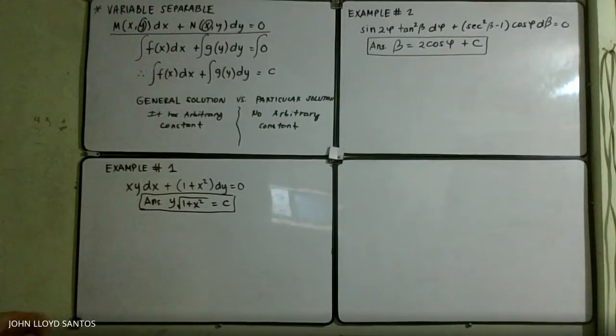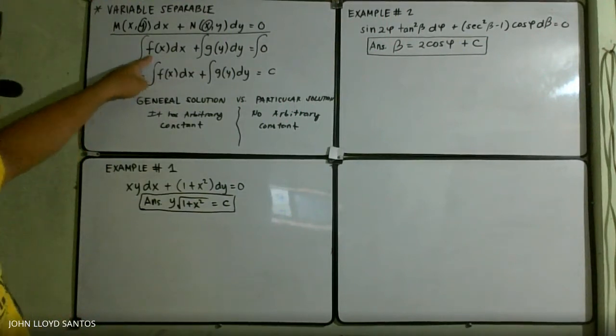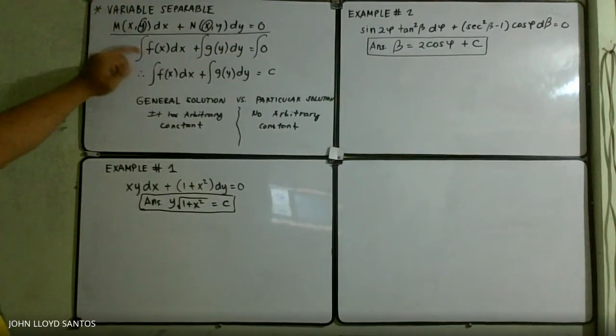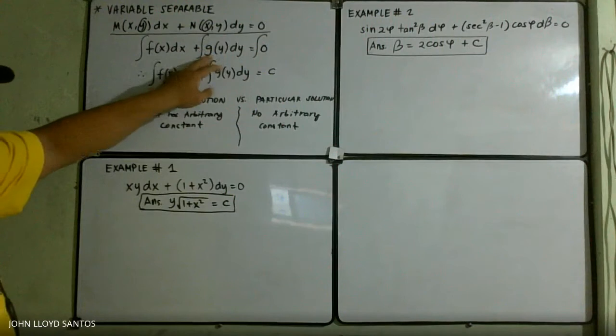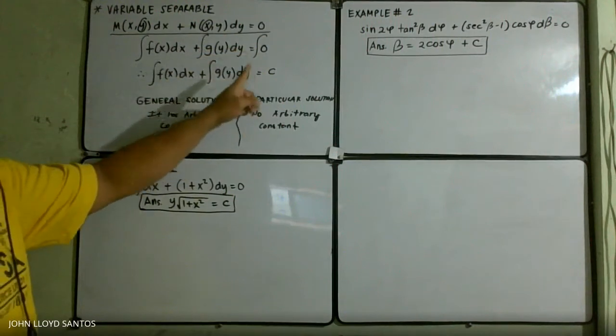So all you need to do sa ating first method is to separate, from its word na variable separable. So we need to separate the variables. Therefore, kapag na-separate na natin, mayroon na tayong function na pinagsama-sama lahat ng function of x. So we can call it as f of x dx plus g of y dy is equal to 0.